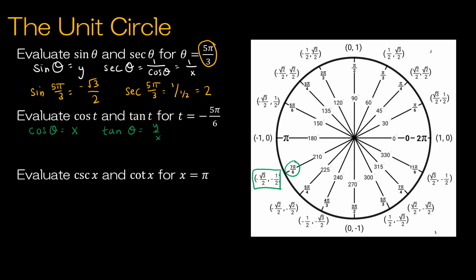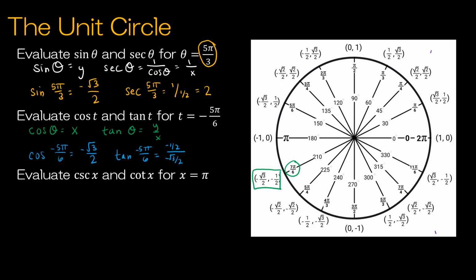So for cosine of theta, I'm using the x value. So cosine of negative 5 pi divided by 6, I'm just going to write the x value, which is negative radical 3 divided by 2. For tangent of negative 5 pi divided by 6, I'm going to put the y value, which is negative 1/2, divided by the x value, which is negative radical 3 divided by 2.